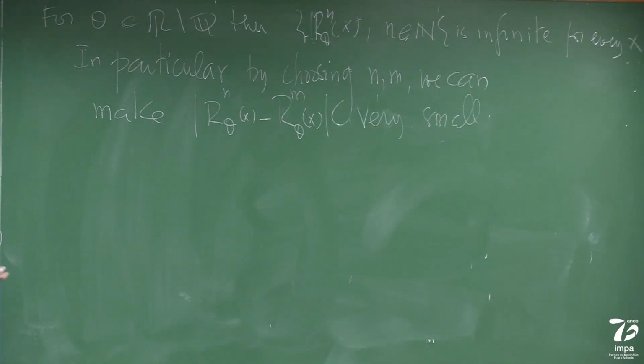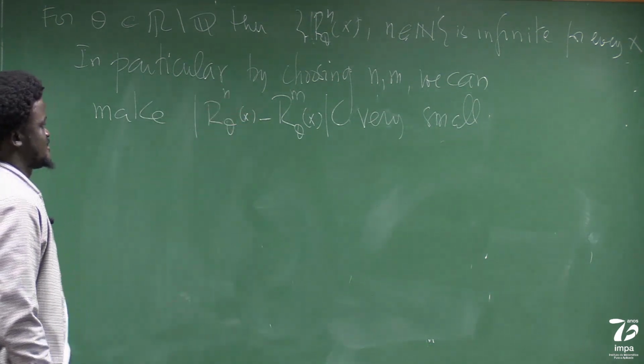If you allow yourself to choose n and m, because this is infinite, you will have an accumulation point, so you can make this as small as you want.